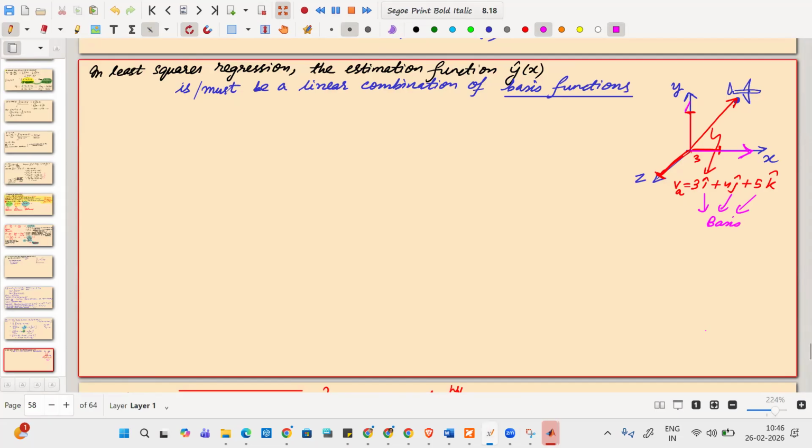What is j cap? The y direction. So j cap is one basis. And k cap is another basis. So any vector in a three-dimensional space, you can only write it using i cap, j cap, k cap. So it depends on the basis i cap, j cap, k cap, right? These are known as the basis.